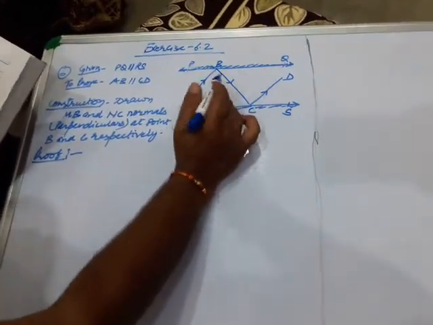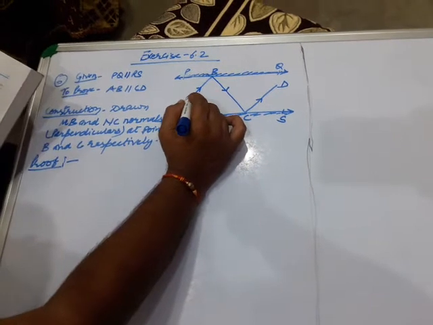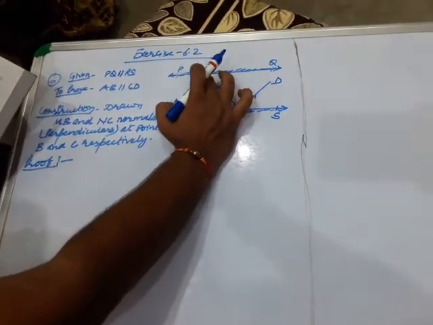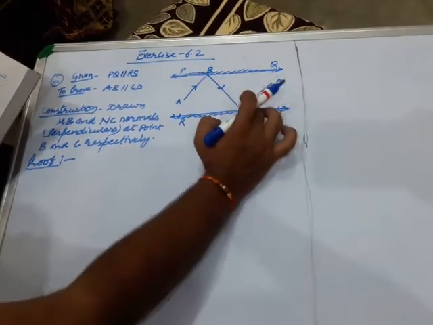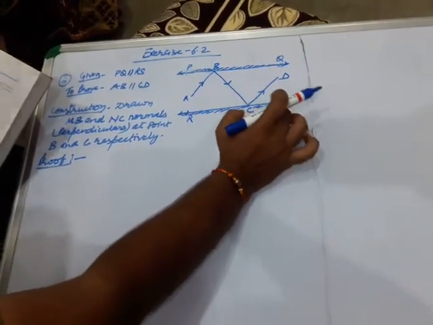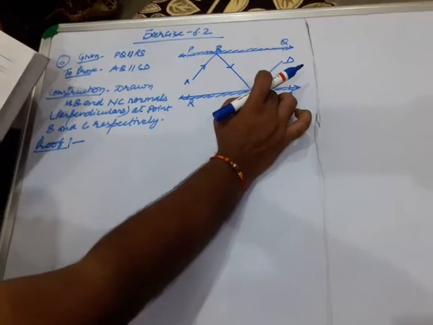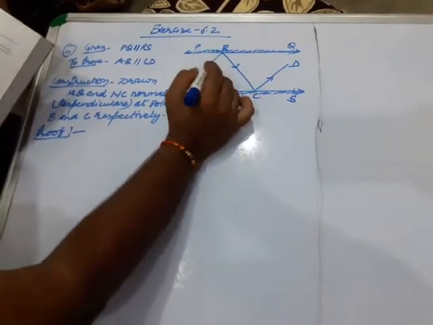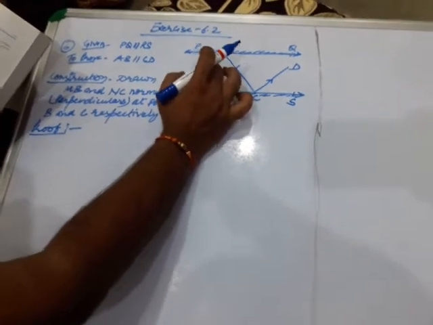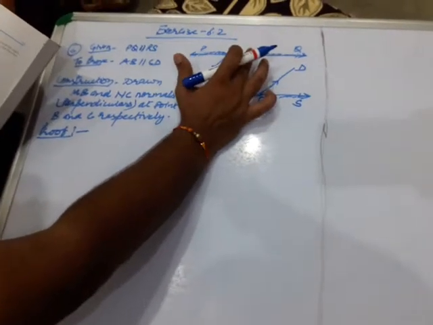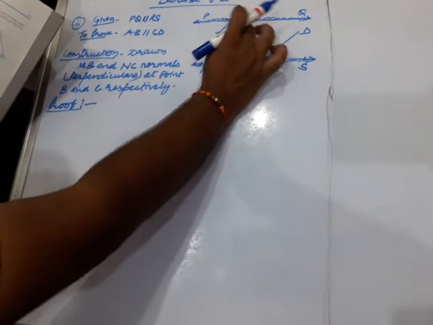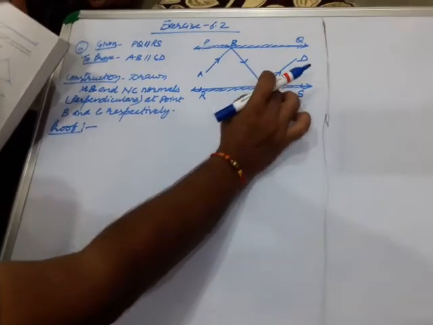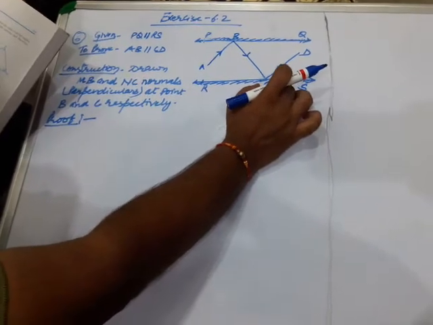Here AB is the ray of incidence that strikes mirror PQ at B, and then it reflects to strike mirror RS at C, and then it reflects back along the path CD. Here AB is the incident ray for mirror PQ, and after reflection it goes to strike mirror RS at C.